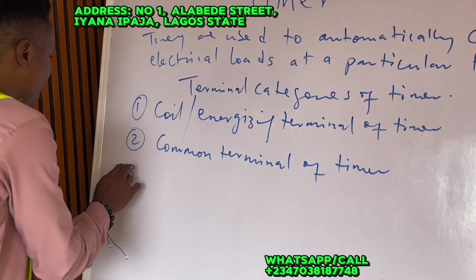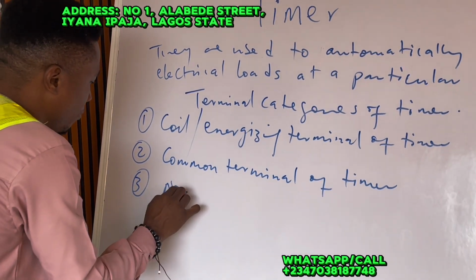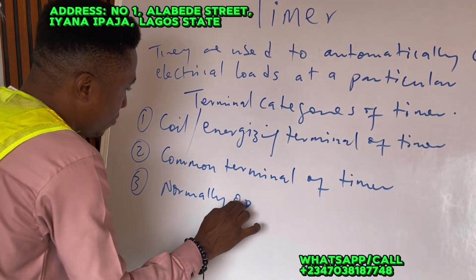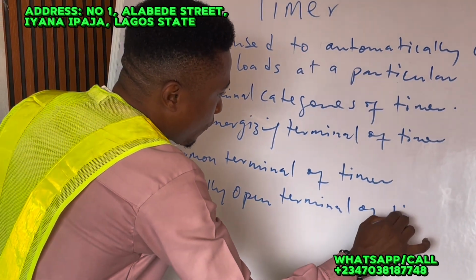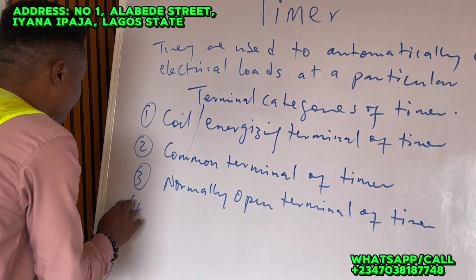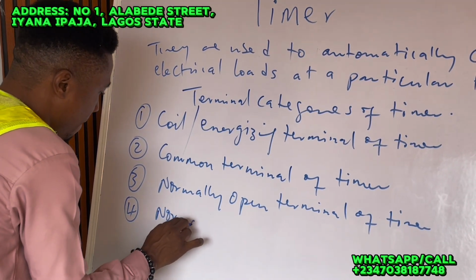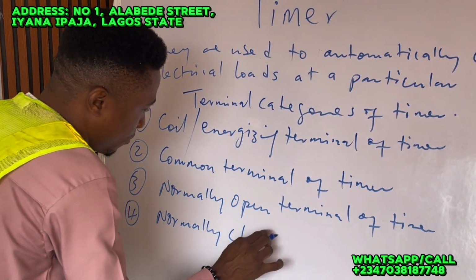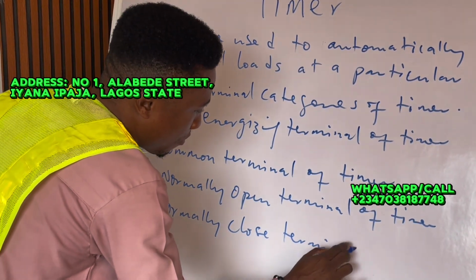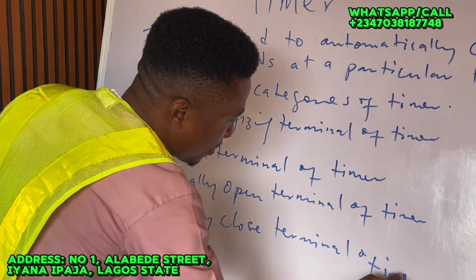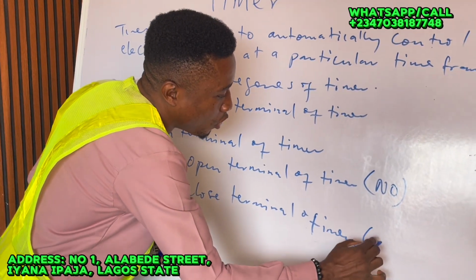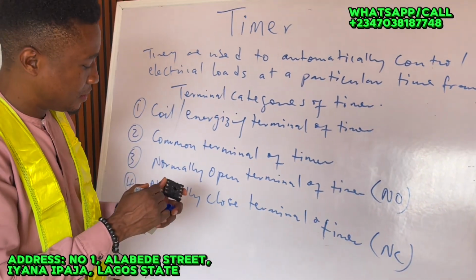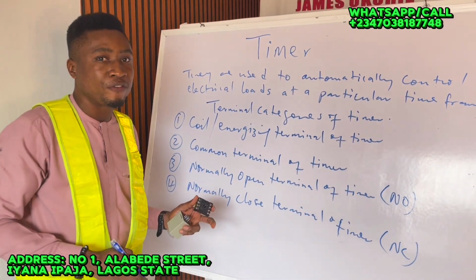Number 3, we have what we call the normally open terminal of timer. Number 4, we have what we call the normally closed terminal of timer. Now, for the normally open, we call it NO, and for the normally closed, we call it NC. These are the terminal categories of timer, right?